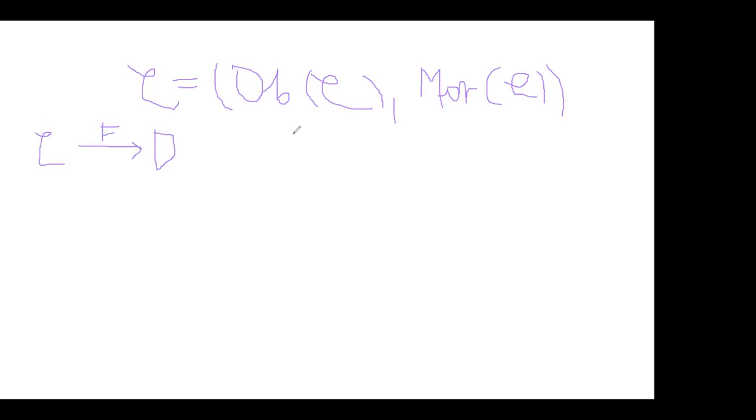But it also must map any morphism. If you have a morphism, say, from C1 to C2 in C, and C1 is mapped to D1, and C2 is mapped to D2, then any morphism between C1 and C2 must be mapped into a morphism between D1 and D2. Okay?